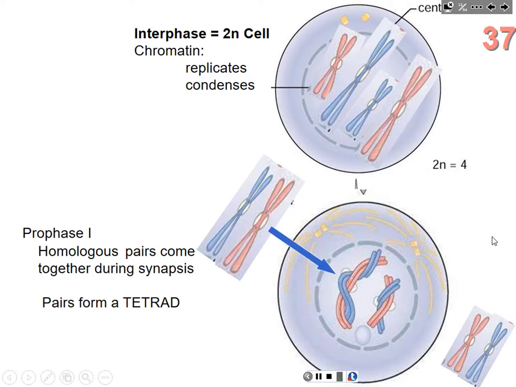It's called crossing over. So crossing over can occur. Let's talk about that for just a moment, because this is really important. Crossing over is sometimes hard to understand the significance of it. So let's take a look at this pair number 1 as it synapses and forms this tetrad.